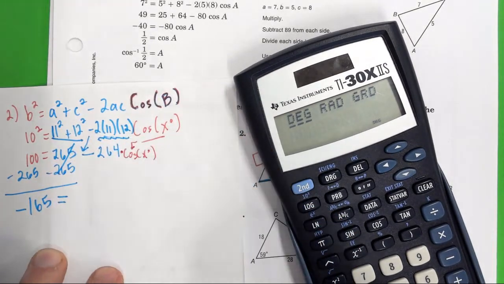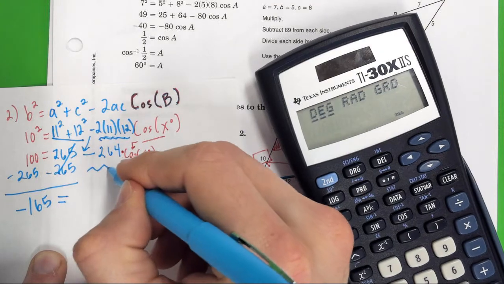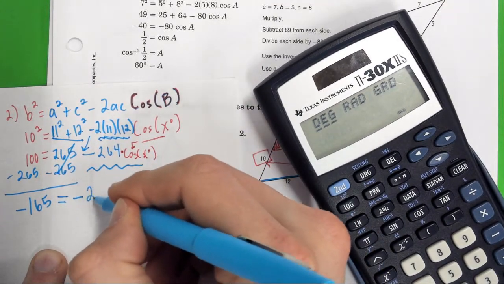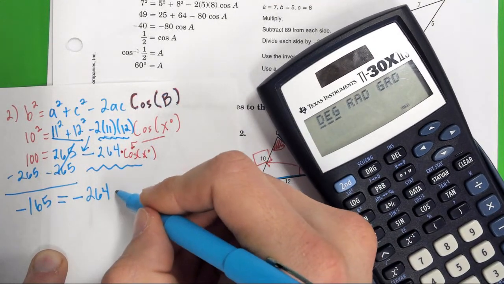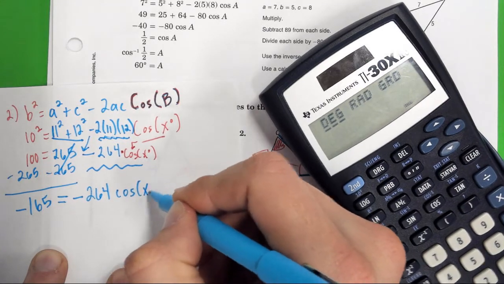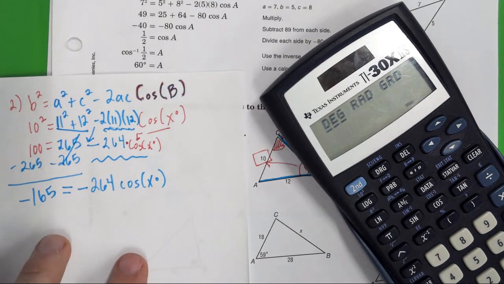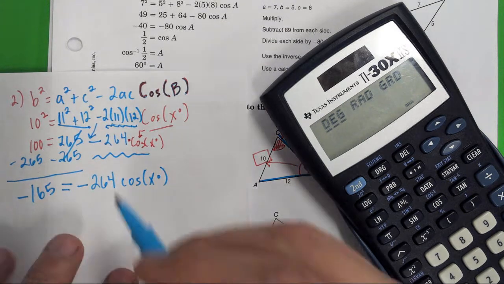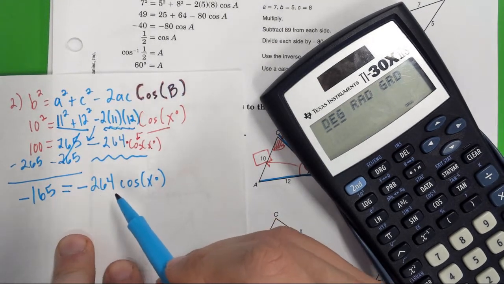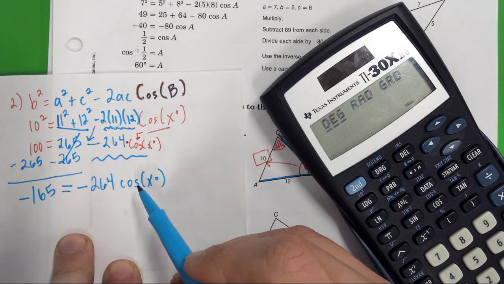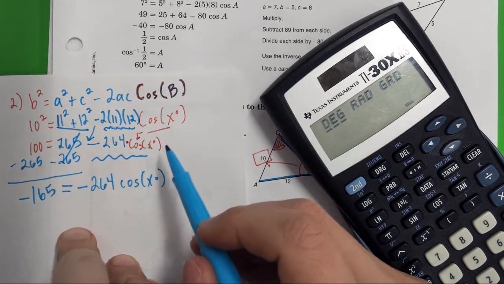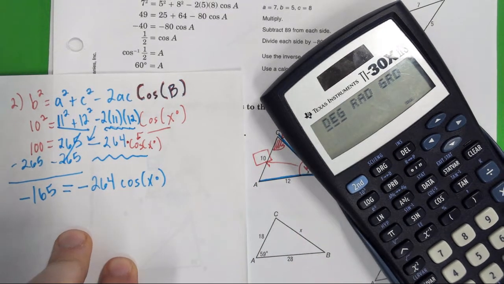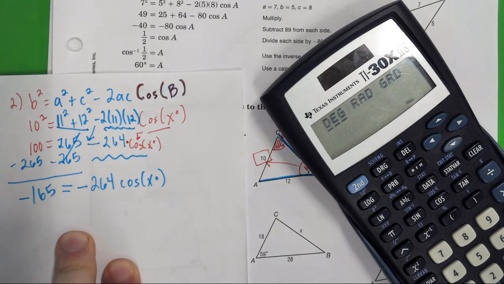And that's equal to, bring all of this down, negative 264 cosine of x degrees. Now, if this were to say negative 264x, to get x by itself, you would divide by negative 264. It's the same difference. The only difference is the trig function cosine is just there.